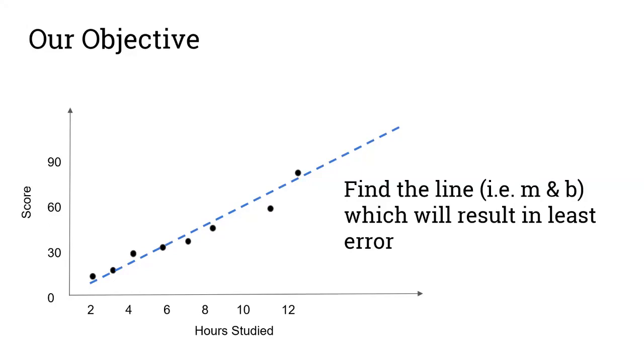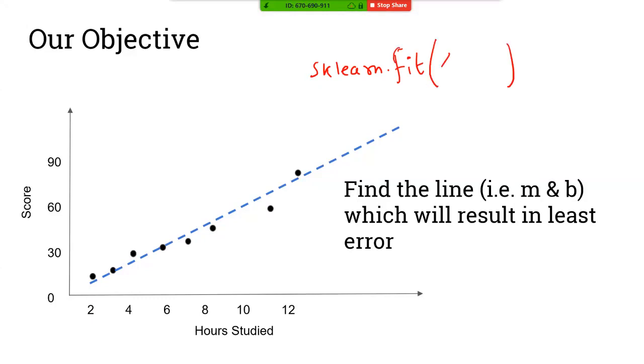So Sudipta is saying that when I do sklearn dot fit, and when I say x comma y, won't this give me the best approximation, right? Why do I need gradient descent?